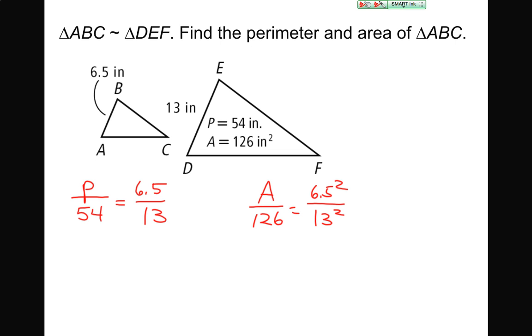Because if you change both dimensions, it has the effect of squaring the relationship. If you wanted to reduce that to 1/2, 6.5 to 13 reduces to 1/2, you could do that. So the perimeter should have been half as much, 27 inches. And the area should have been 1/4 of what the original one was, 31.5.